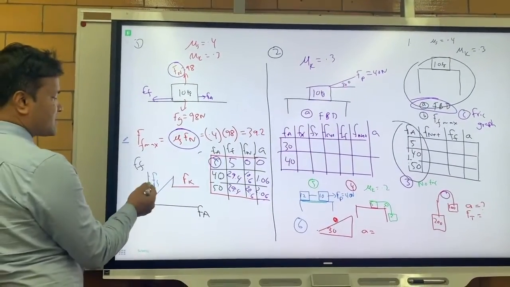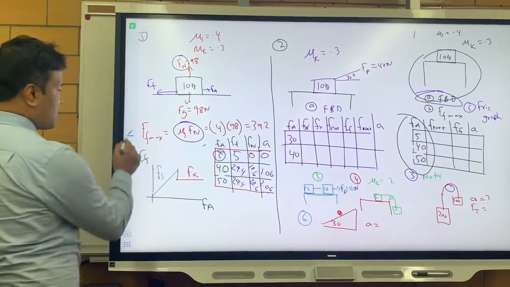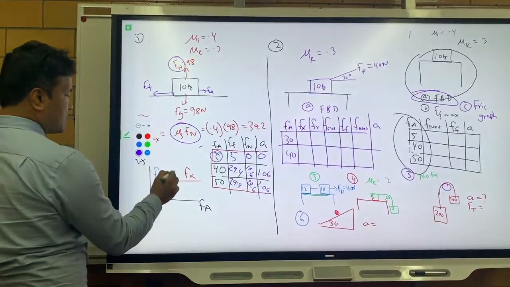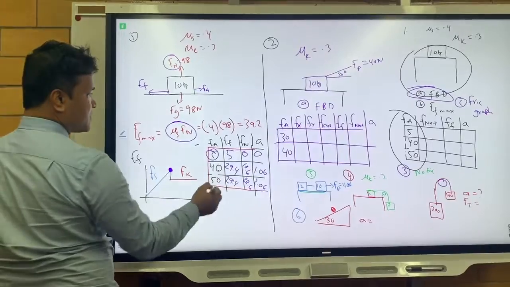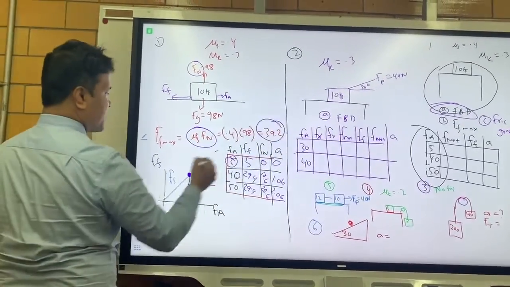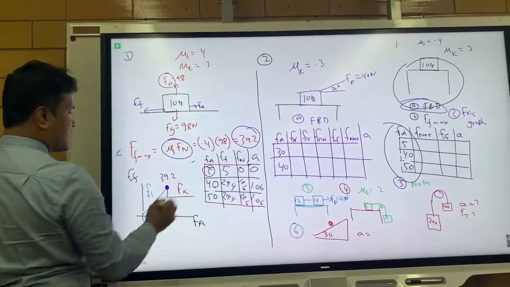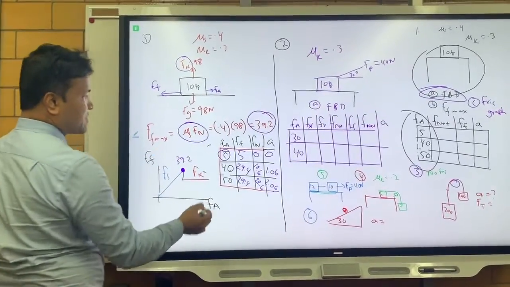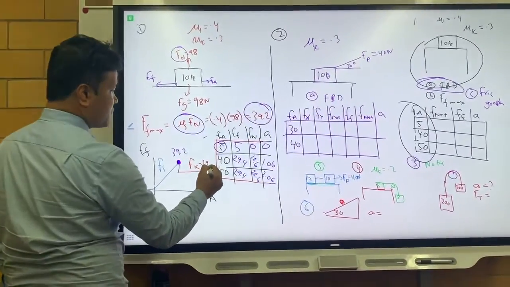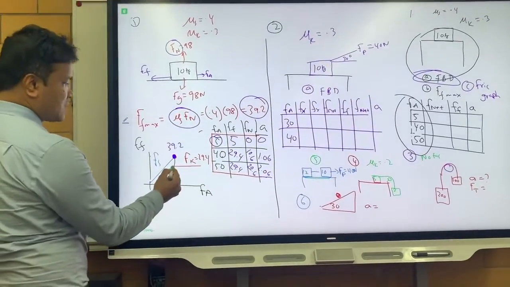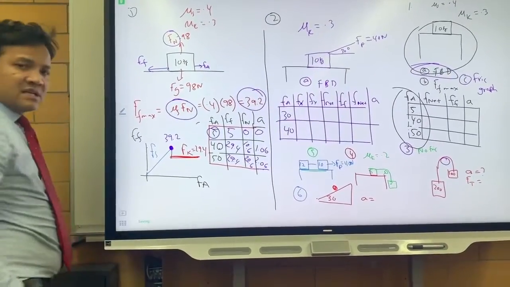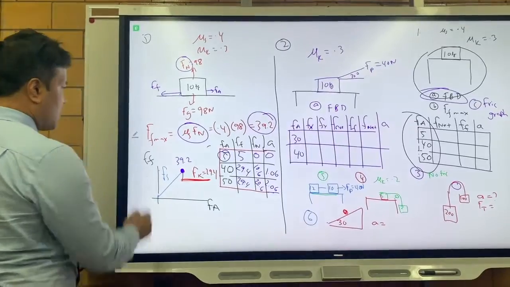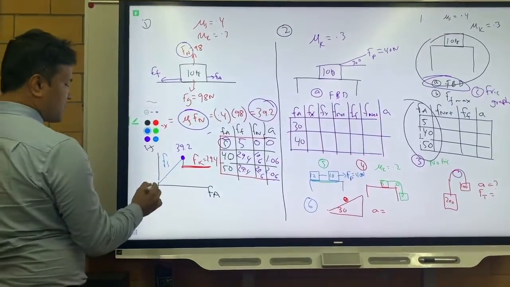What is our static friction? Our maximum. What does the peak represent? The peak represents 39.2. What does Fk represent for our problem? Fk for this problem is 29.4. Fk is constant, that's why Fk is a line. What about the blue?